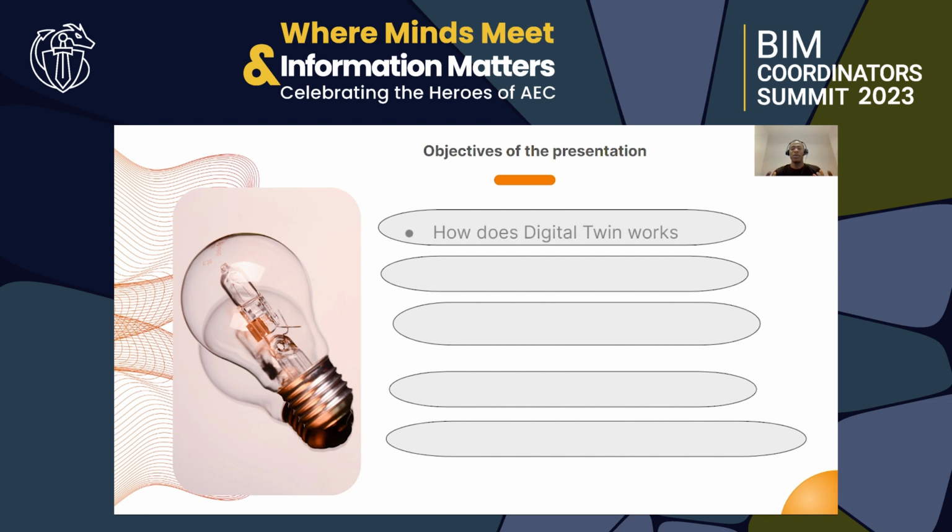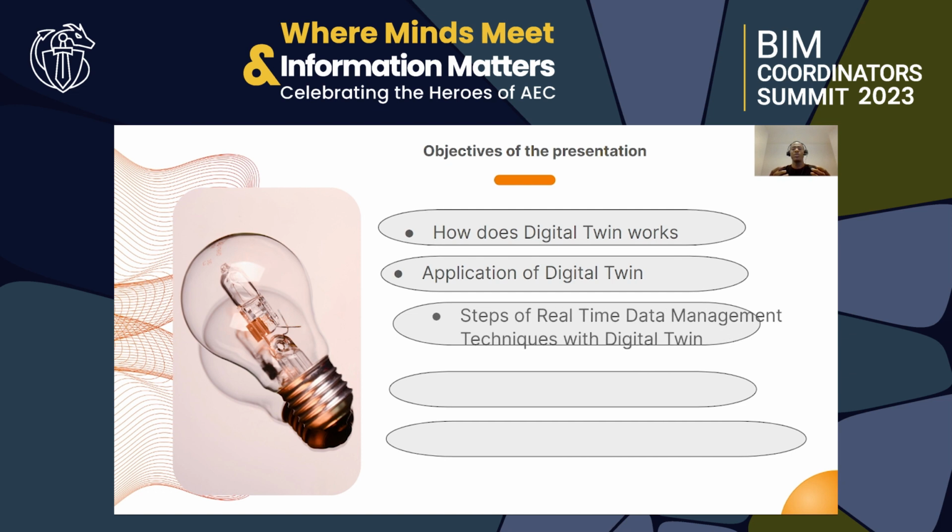The first objective we are going to talk about is how a digital twin actually works. We are going to see the rudiments, what it entails for you to say, okay, this is an actual digital twin. Now we are going to look at the applications of digital twins, the various places where we can apply the technology. Also, we are going to look at the real-time data management techniques.